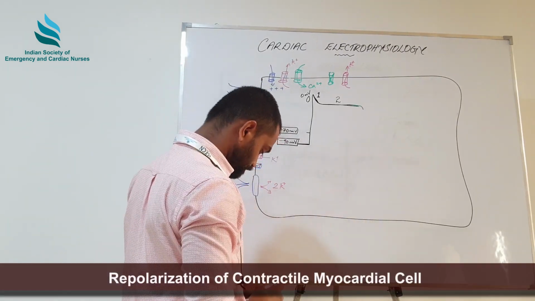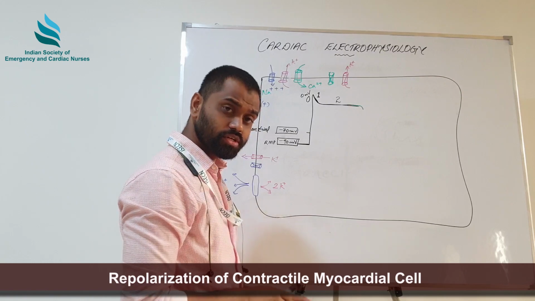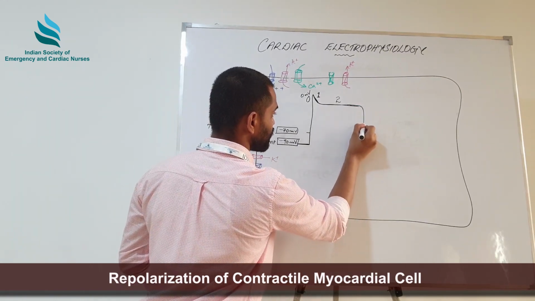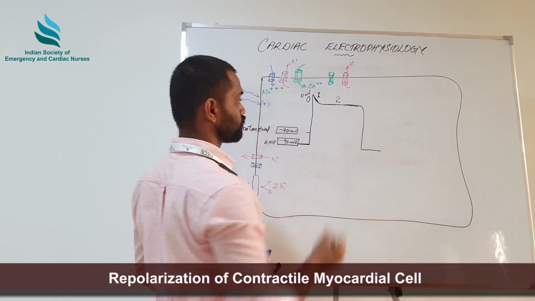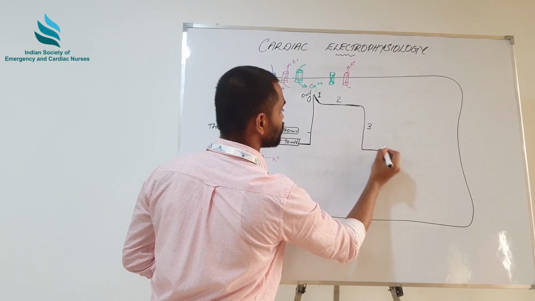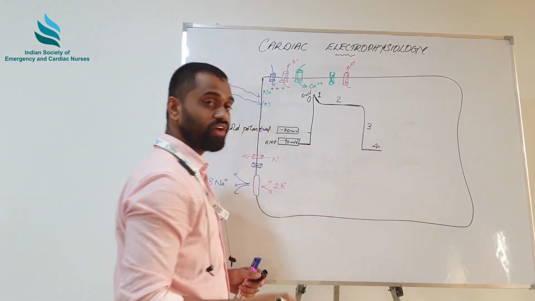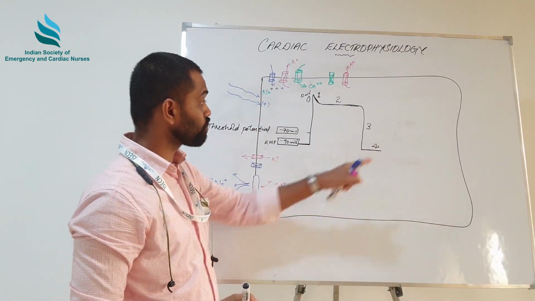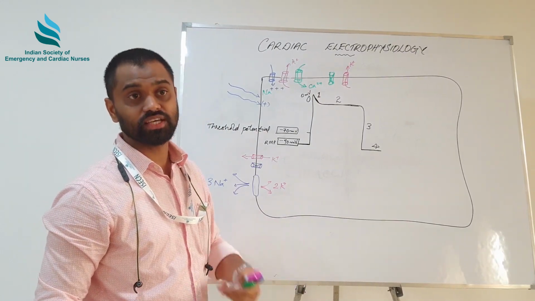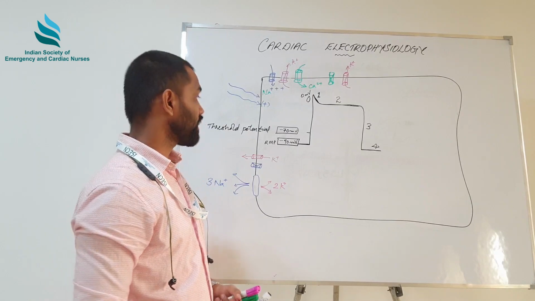It dips to the previous or baseline level, which is minus 90 millivolts. So this is phase 3, and here at baseline we have phase 4 of action potential. In phase 4, the cell will prepare itself for the next upcoming action potential.